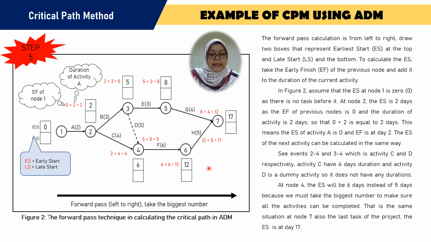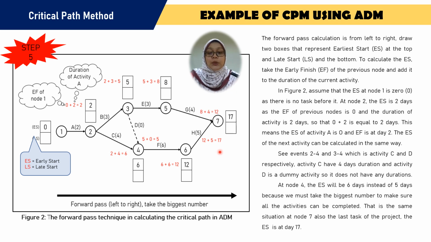Another example is event 7. Event 7 can be reached from event 5 and event 6. Event 7 from 5 is activity G, and event 7 from 6 is activity H. From these two, at activity G we get an early start of 12, and from activity H we get an early start of 17.